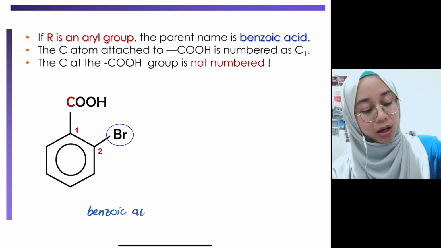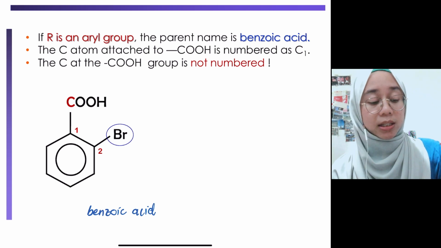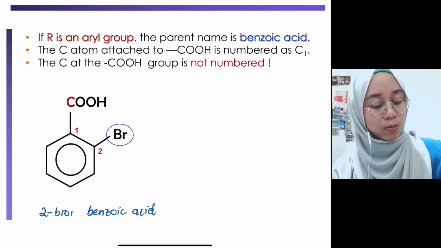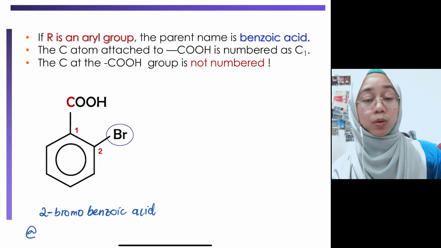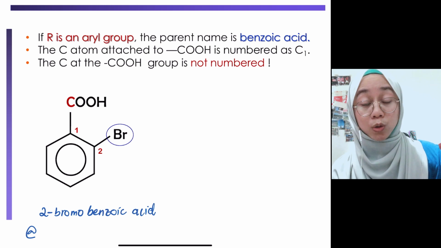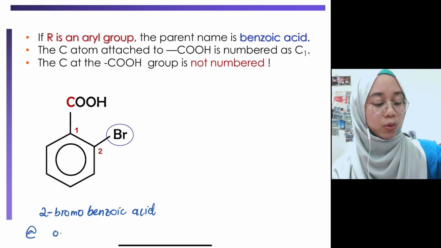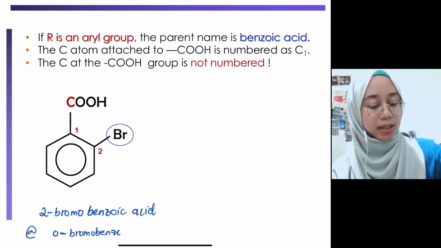Okay, and then yang ni kamu rujuk balik chapter 4 lah, chapter benzene tu. Okay, and then kita ada bromo benzoic acid, ataupun since position dia adalah 1, 2, so ortho kah meta kah para? So 1, 2 adalah ortho bromo benzoic acid.